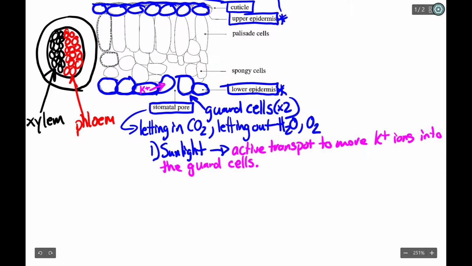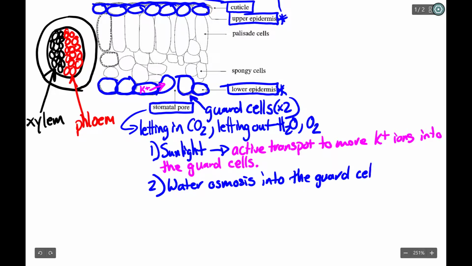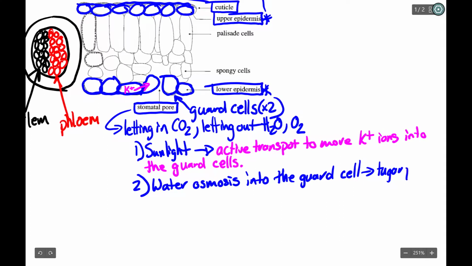Okay, now once the potassium has gone into the guard cells, there's a higher concentration of potassium in the guard cells. And so what happens then is water moves by osmosis into the guard cells, giving them lots of turgor pressure, which basically causes them to expand.